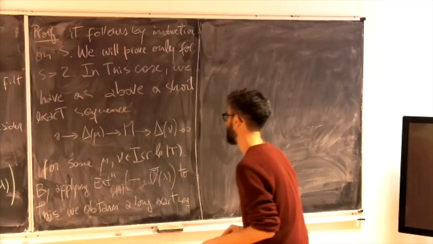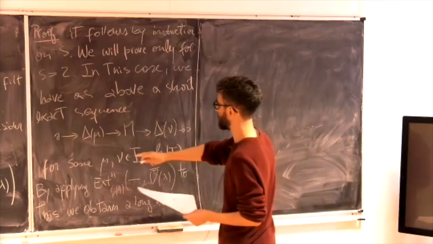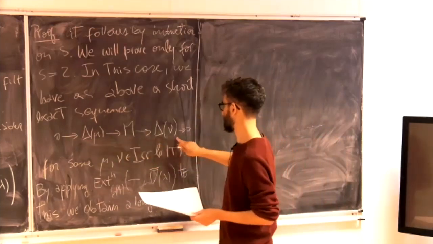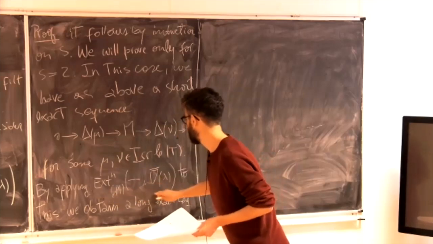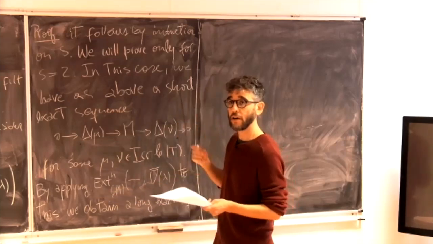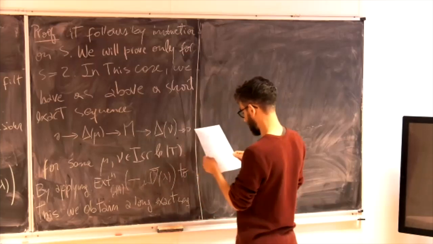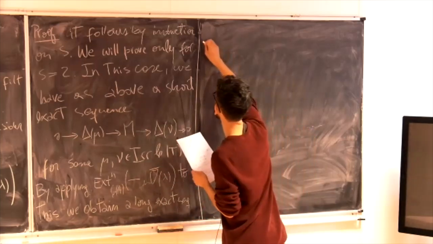This is a very important property of the Ext functor: if you have a short exact sequence, applying this functor you obtain a long exact sequence, which I will write now.